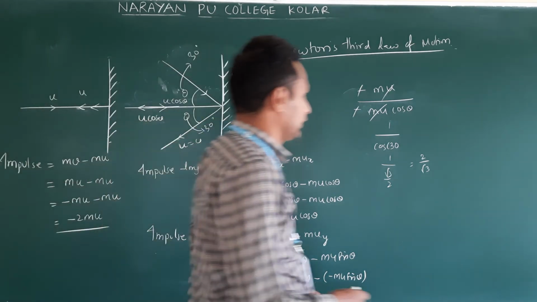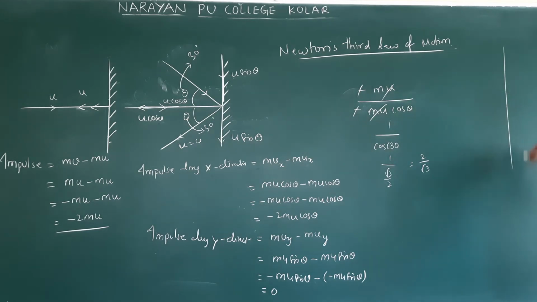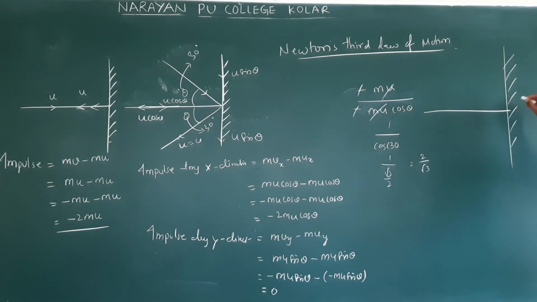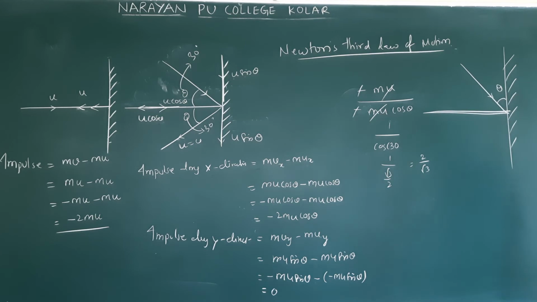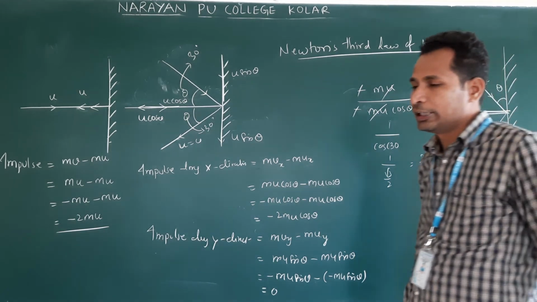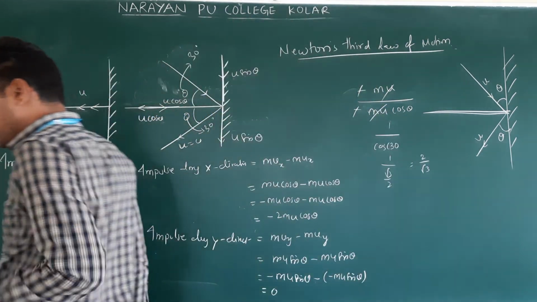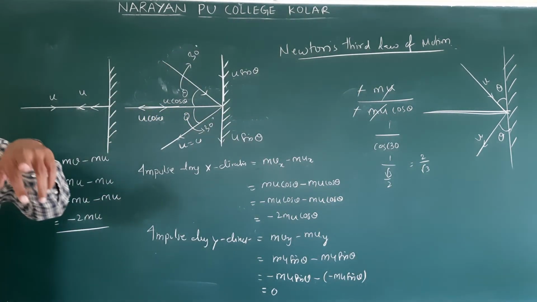Now you do the same question. Try this one. Same ball, same billiard ball. Now it is making an angle theta with the ball. In this case, there is no change in velocity. Initially u, finally also u. Then find the impulse imparted by the ball on the ball.